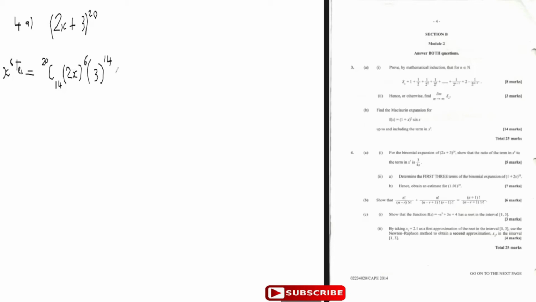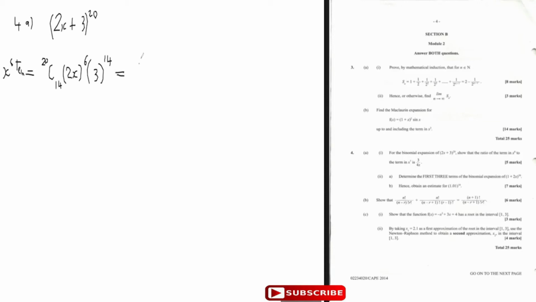So let's work out what this is equal to. 20 choose 14, 2x to the 6 times 3 to the 14. That's a very big number, so I'm not even going to write that out.